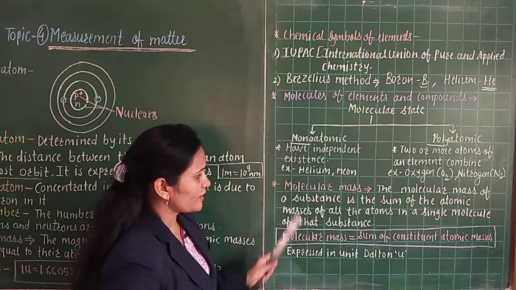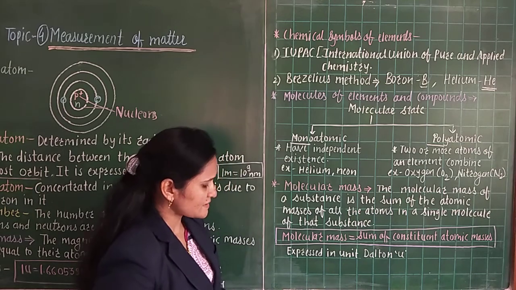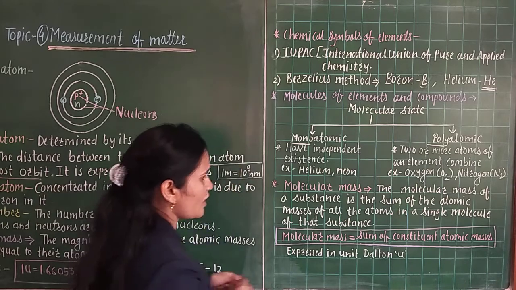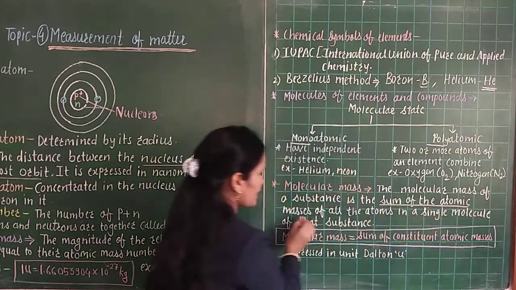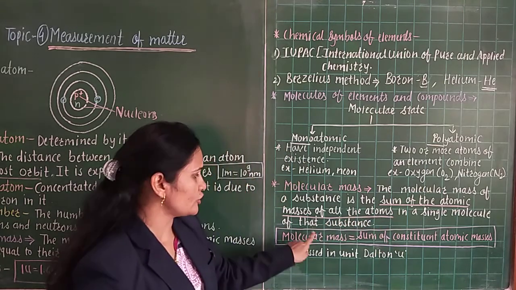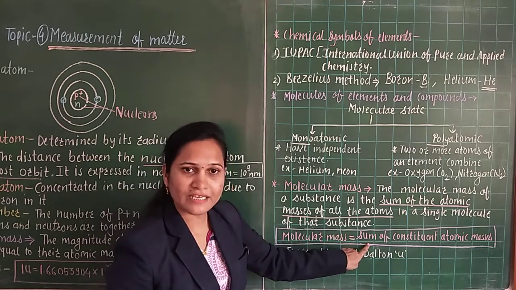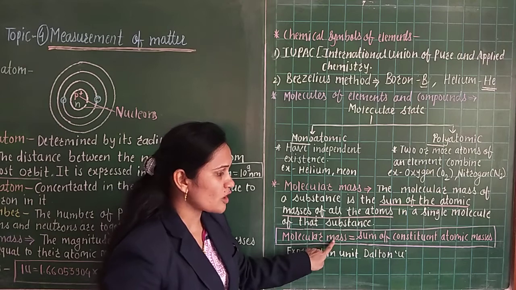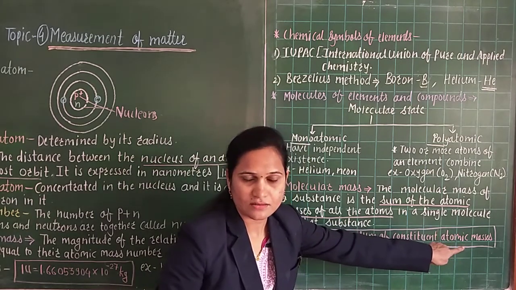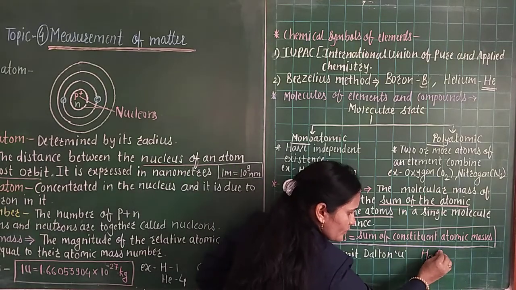Now see the next point about molecular mass. Molecular mass means what? The molecular mass of a substance is the sum of the atomic masses of all the atoms in a single molecule of that substance. In short, I have written the meaning of it. Molecular mass means the sum of constituent atomic masses. For example, suppose we take the compound H2O.